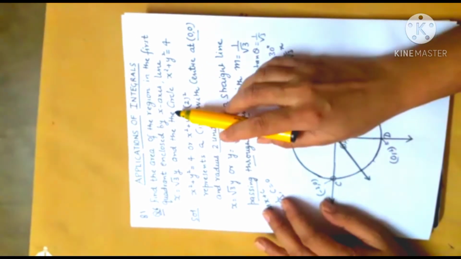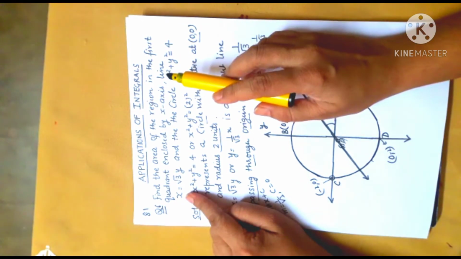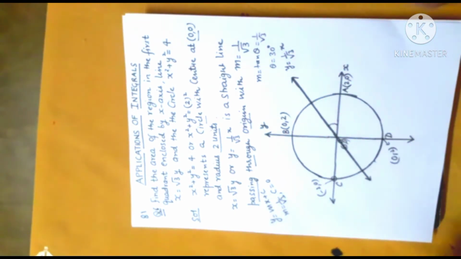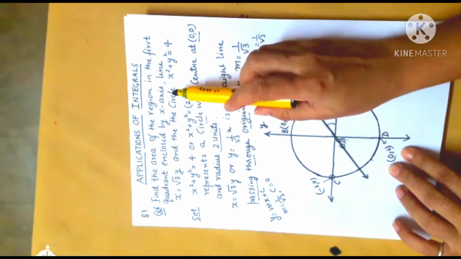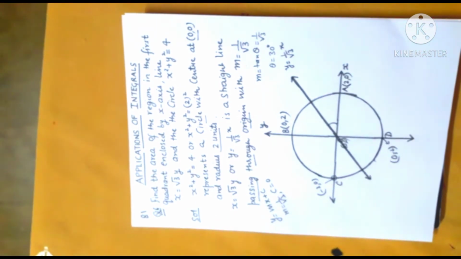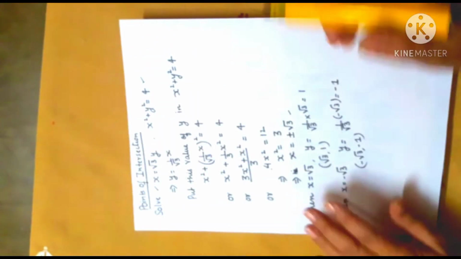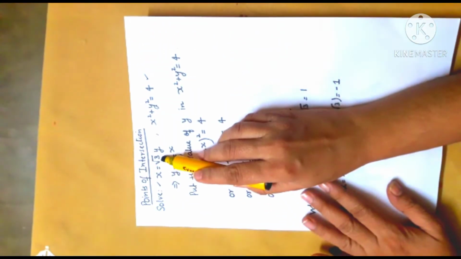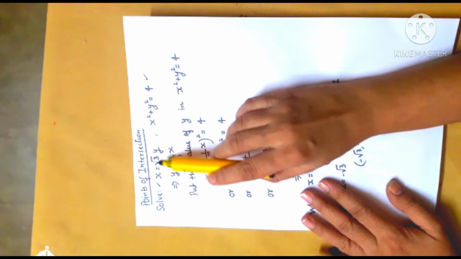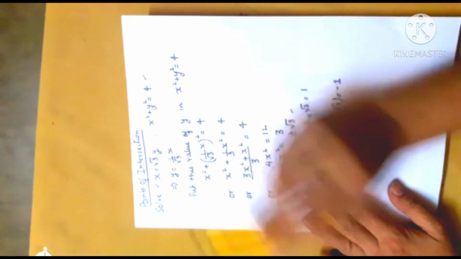Now, as this question involves a circle and a straight line, right? So now we have to find the intersection point of the circle and the line. So next step is to find out the intersection point. For that, I'll solve the equation of the line and the equation of the circle. From the equation of the line, value of y is 1 over root 3 into x.